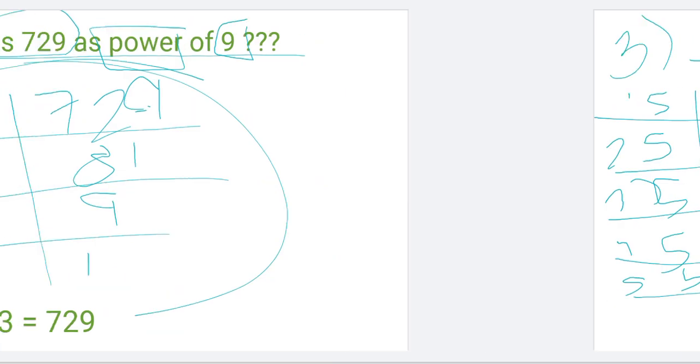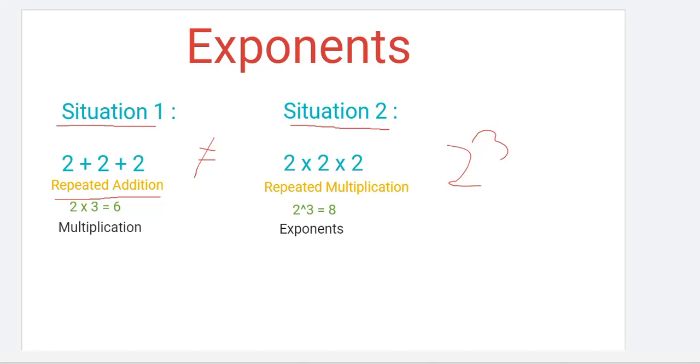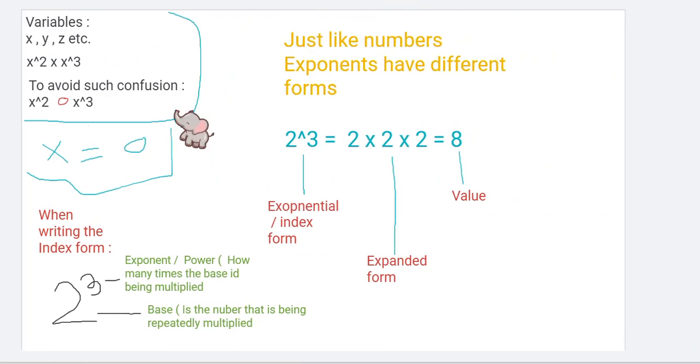Let's just revise what we did in this video. We learned the difference between repeated addition and repeated multiplication. We understood how to avoid confusion when using variable questions in exponents. We also learned the different forms of exponents like exponential form, expanded form, and value.